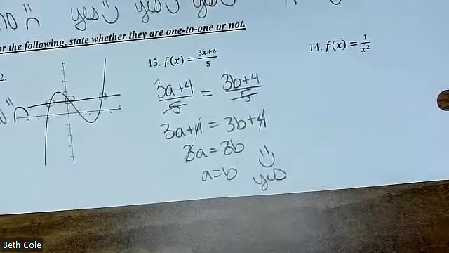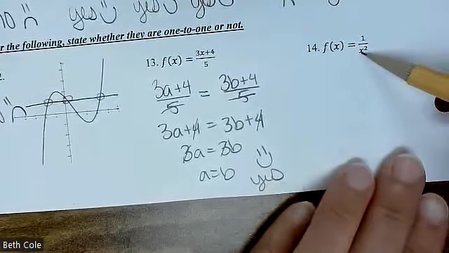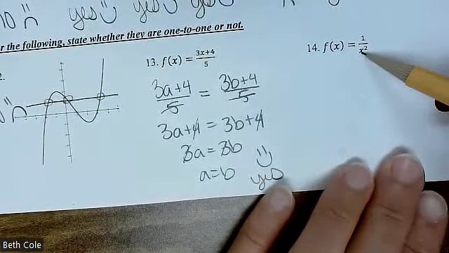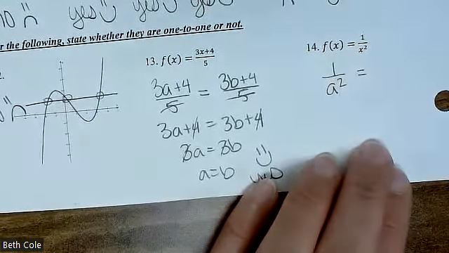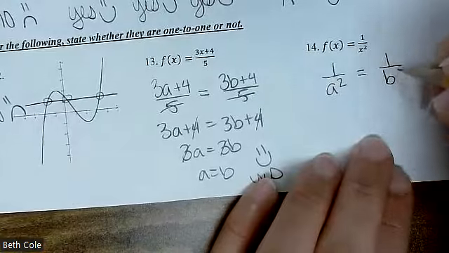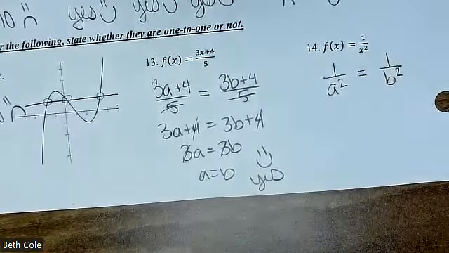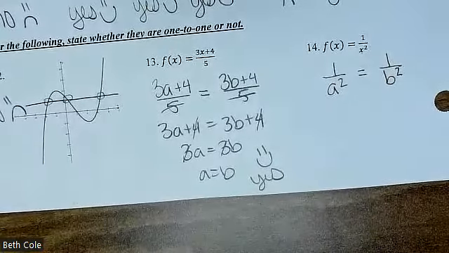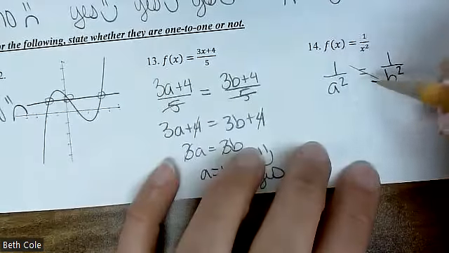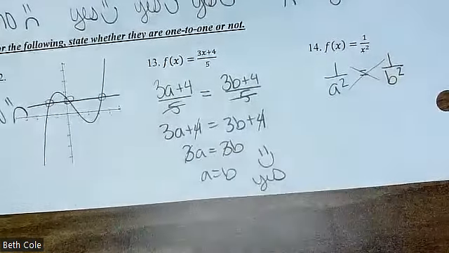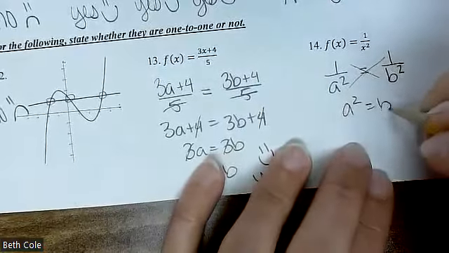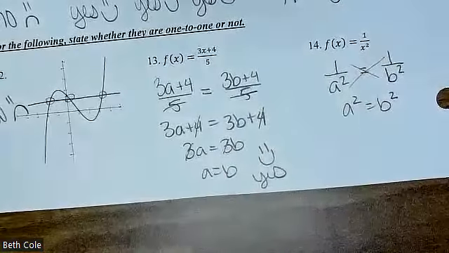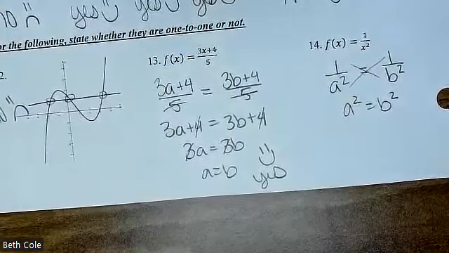Let's try it again. If you plug in A for this, what do you get? Yeah, 1 over A squared equals, and then if you plug in B, 1 over B squared. Now for that, I would cross multiply. Remember this? What would that give you if you cross multiply? Yeah, you would get A squared equals B squared, or B squared equals A squared if you want to write it the other way around.